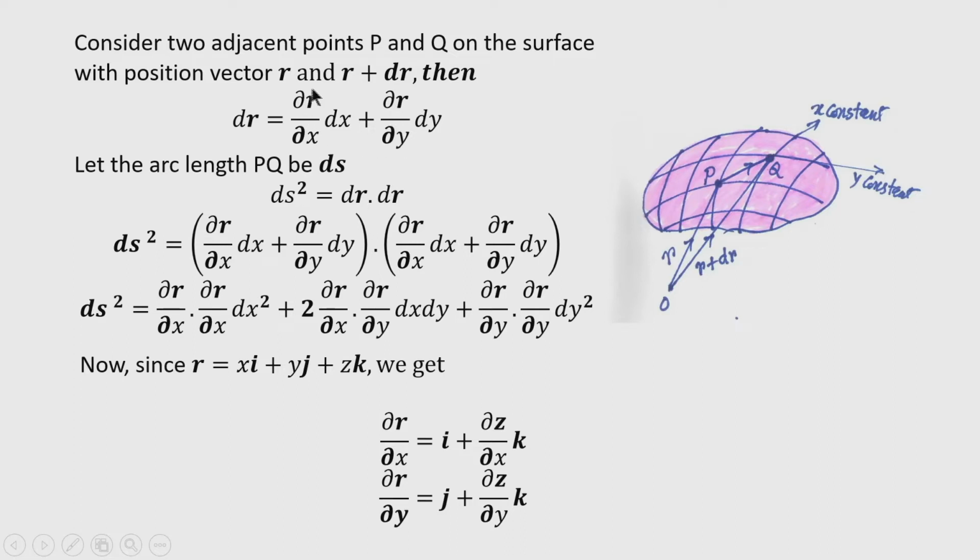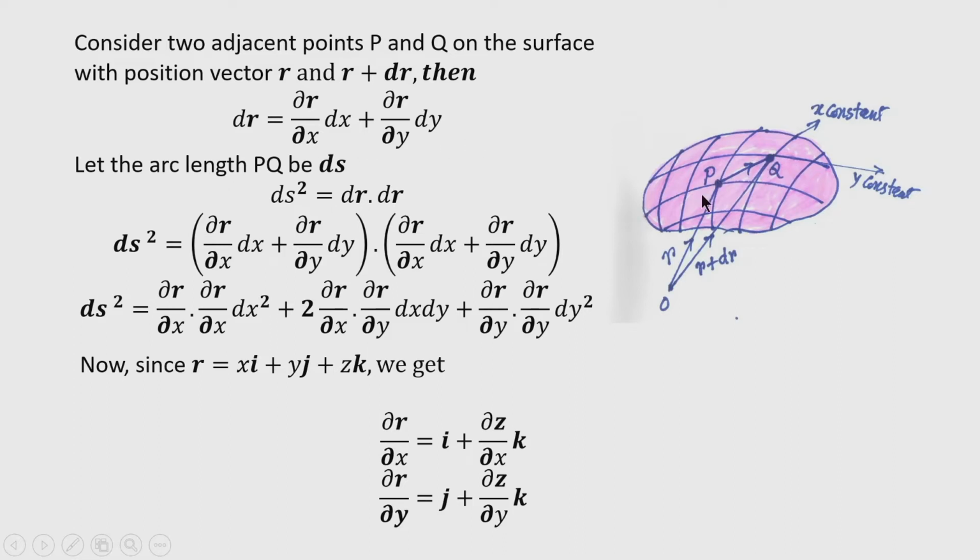Remember that r is a vector which contains 3 variables in 3 dimensional space, and those variables are x, y, z.